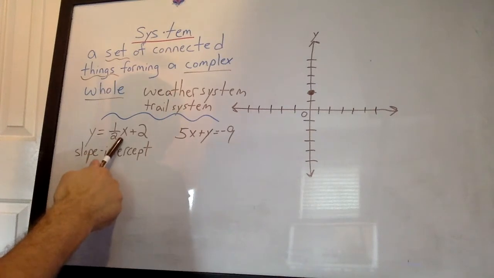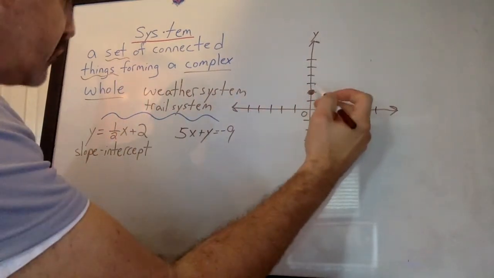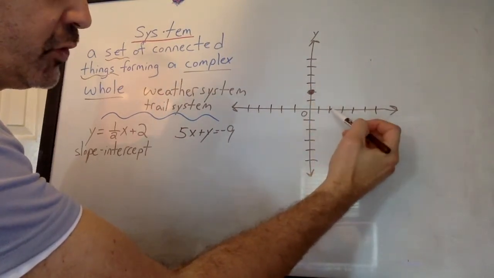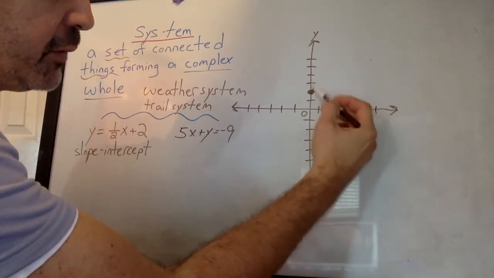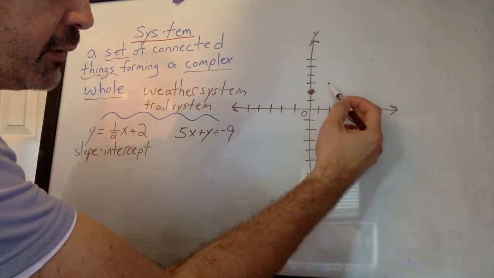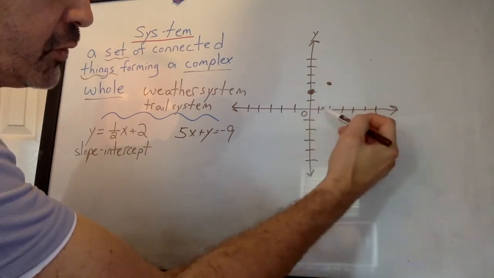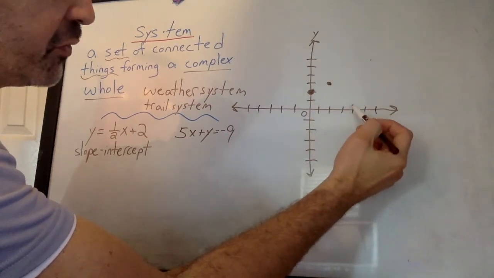How do I do a slope of 1/2? We know it's rise over run, so if I rise 1, run 2. Rise 1, run 2, puts me right here. Rise 1, run 2. I'm going to do it again. Rise 1, run 2. So from 2 it goes to 4.